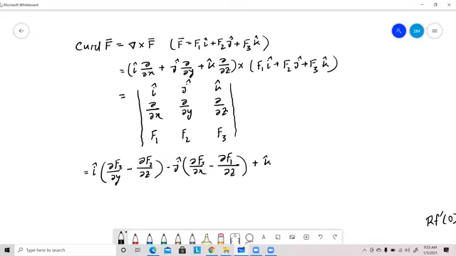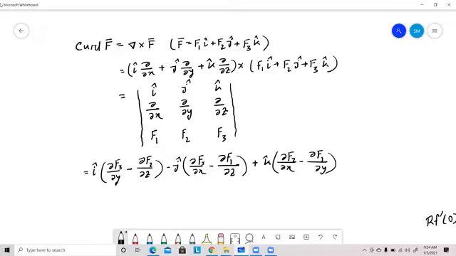And for the unit vector k, we get del f2 by del x minus del f1 by del y. So this is the curl of f.